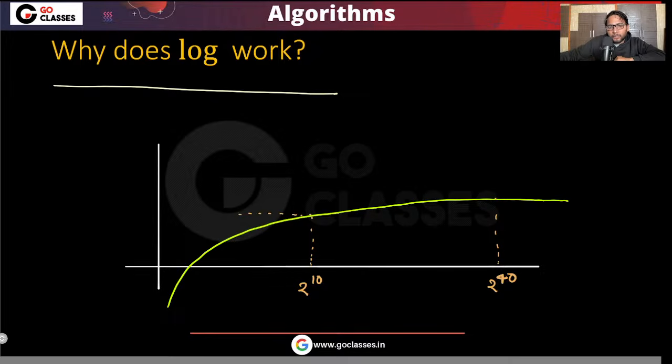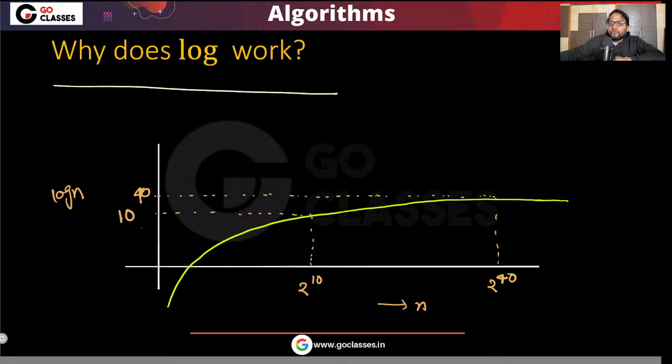Suppose these are big numbers. If this is n, what is log n? The log of 2 power 10 will be 10, and the log of 2 power 40 will be 40, right?